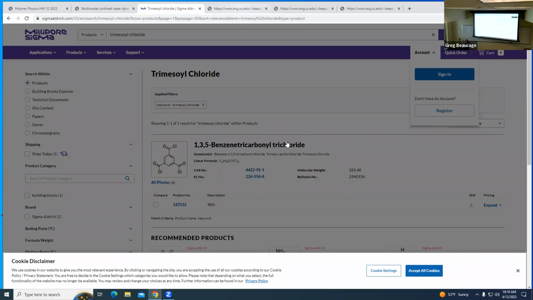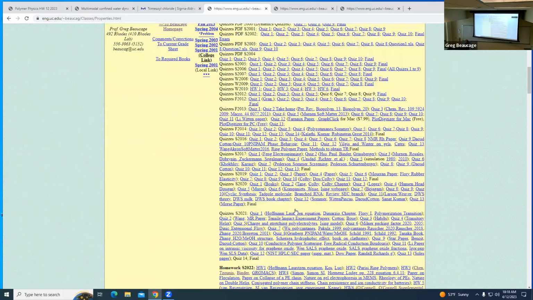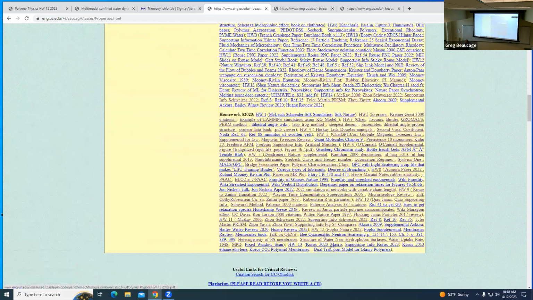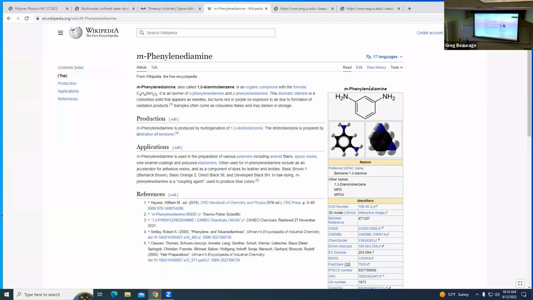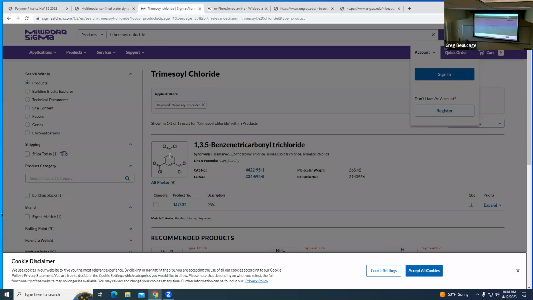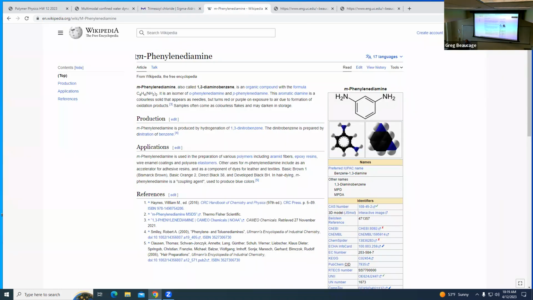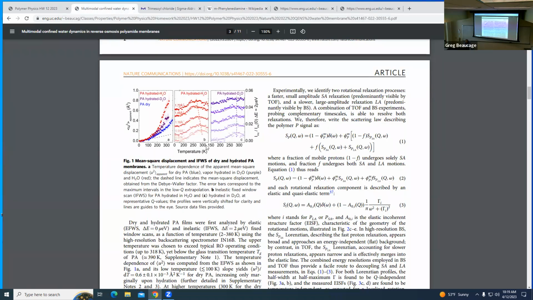So that's the trifunctional chloride, and then there's a bifunctional hydroxide, right? That condenses with that, the MPD. So this thing can spin. So that's the motion he's looking at, is the spinning of that, because this guy's kind of tethered. He's got 3 things that can't spin. So basically, he's looking at the spinning motion of that and this kind of highly cross-linked polyamide, right?